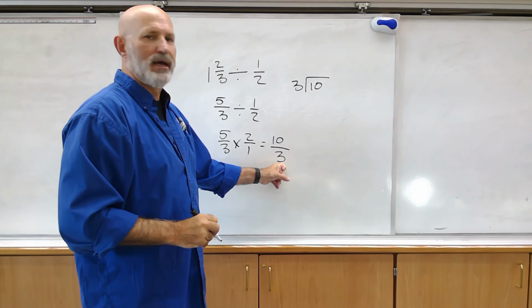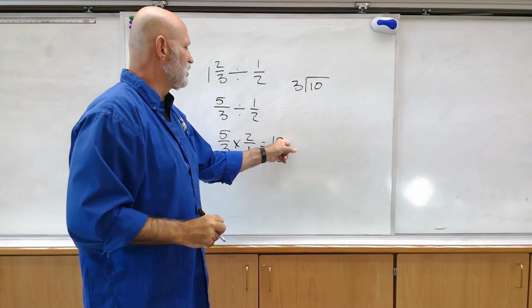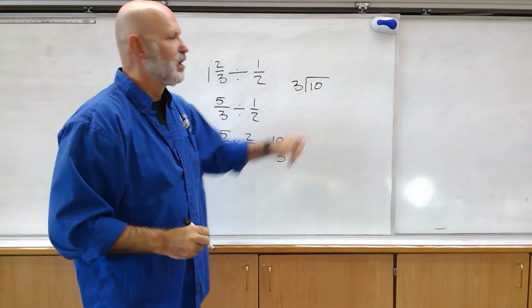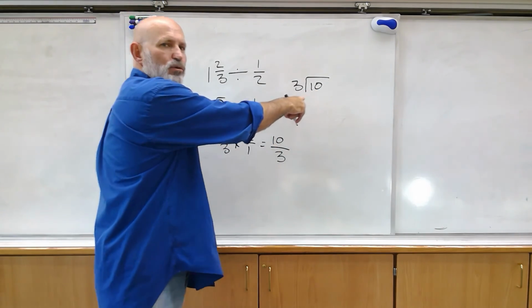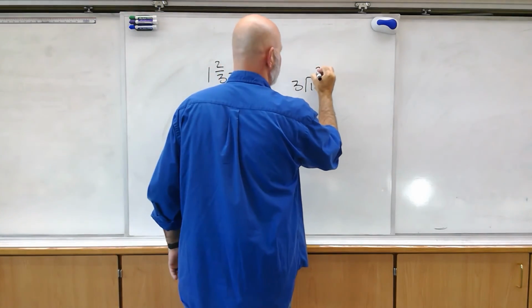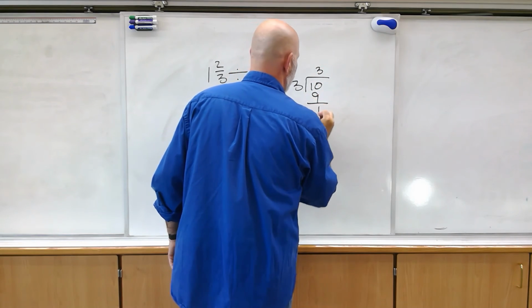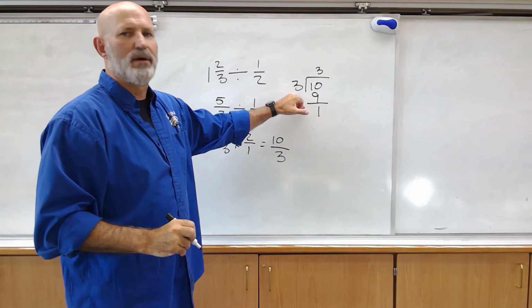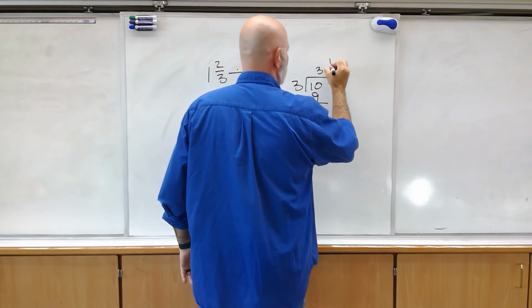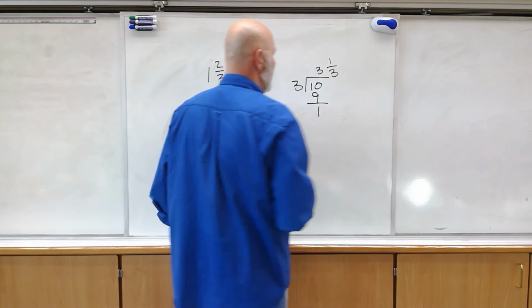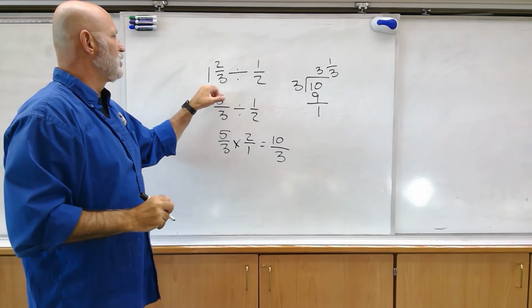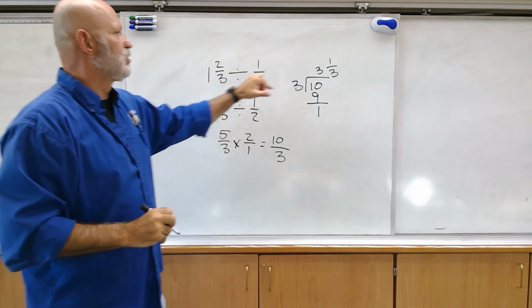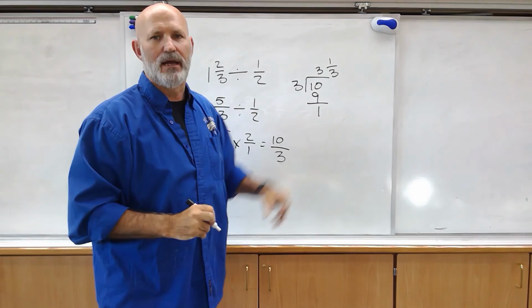This is my divisor, this is my dividend. So 3 goes into 10 3 times, 9, 1. Now my remainder just goes over my divisor, and 1/2 goes into 1 2/3, 3 1/3 times.